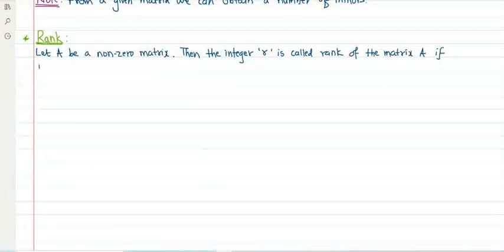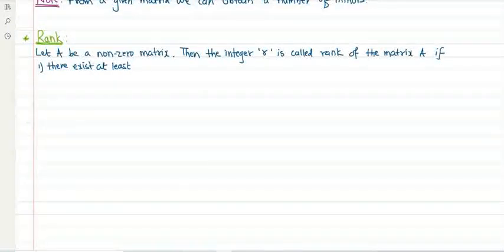First condition: there exists at least one minor of order r of A. Whose minor will it be? It is a minor of order r of the given matrix A which is non-zero.